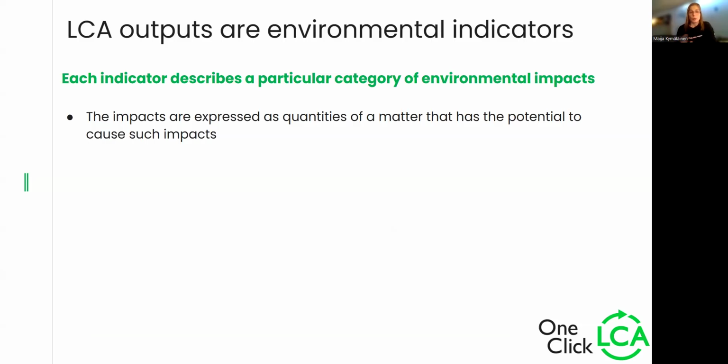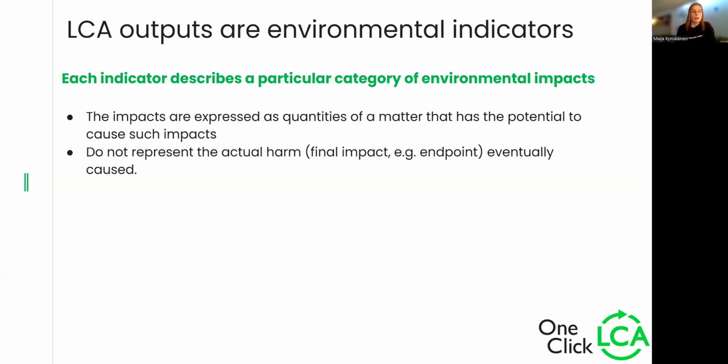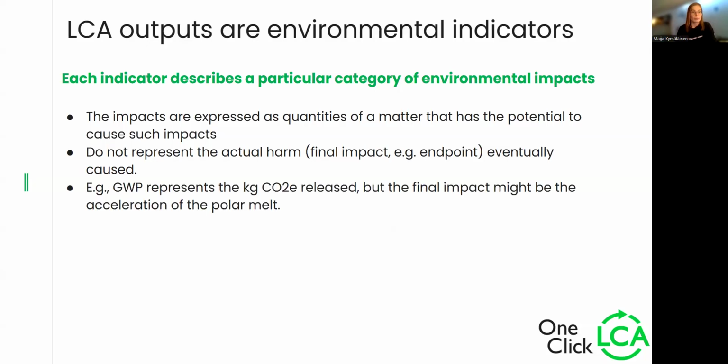So for example, global warming potential represents the kilos of CO2 equivalents released, but has the potential to affect global warming, and the final impact might be the acceleration of polar melt, for example. So the indicators are usually named as potentials. So they have the potential to cause impacts, and the impact categories, on the other hand, are, for example, climate change and acidification.